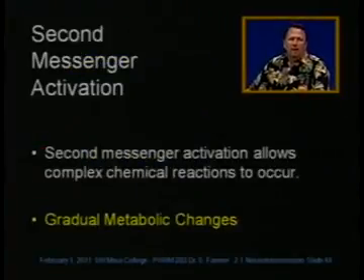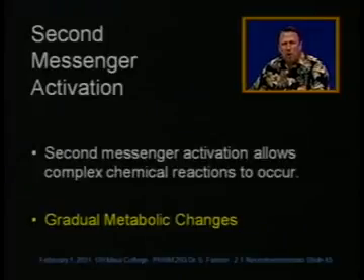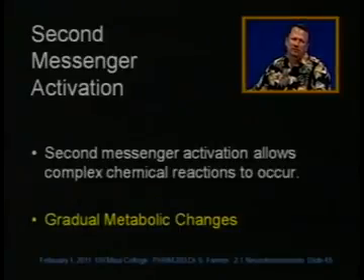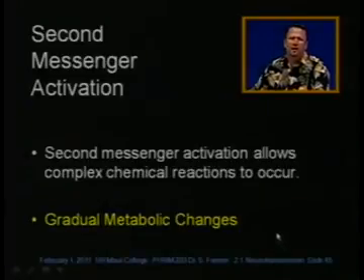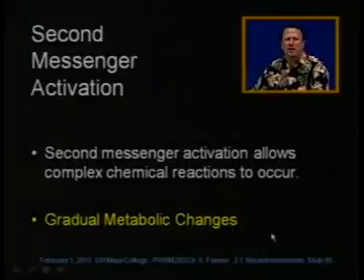Well, not all neurotransmitters just open ligand-gated ion channels. Most of them do this: they activate something called a second messenger system. And so we're going to talk about second messenger activation. It's going to get real complicated. But what I wanted you to remember is that second messenger activation causes a gradual metabolic change.